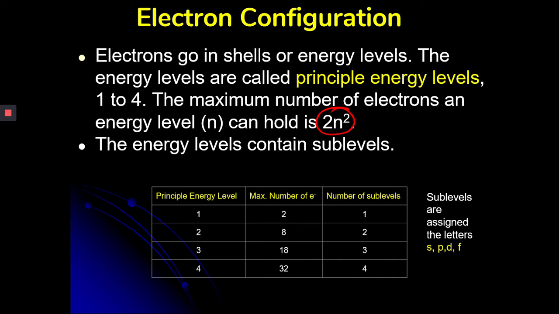And so if we're on the 4th energy level, we would say 4 squared is 16 times 2 is 32. So there's 32 electrons that can go on the 4th energy level. Make sure you remember the order of operations and that you square before you multiply by 2.